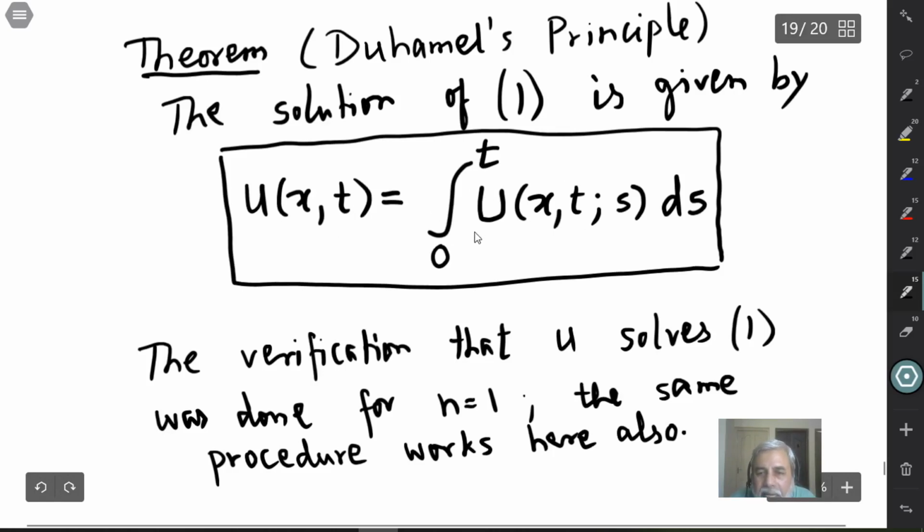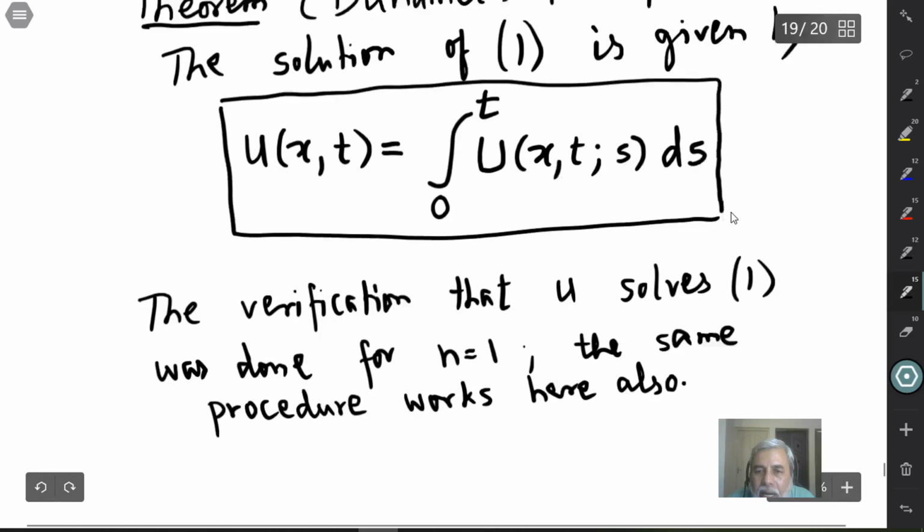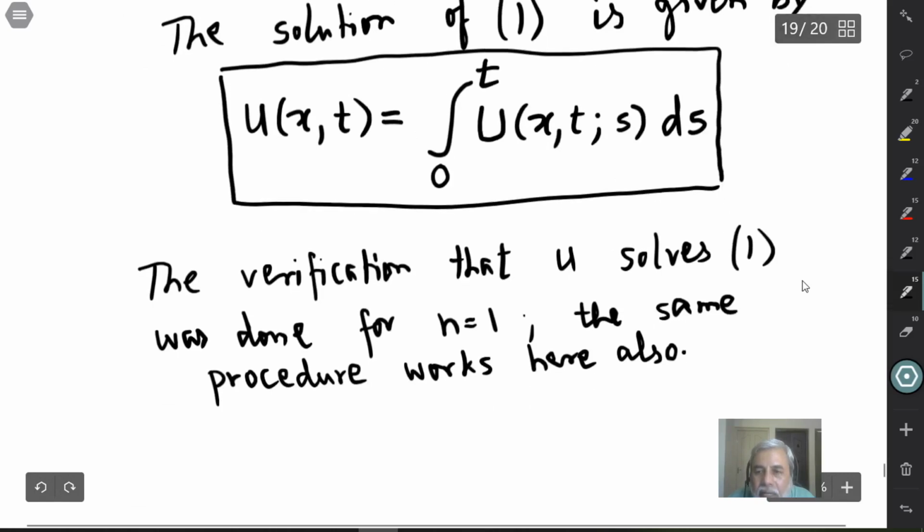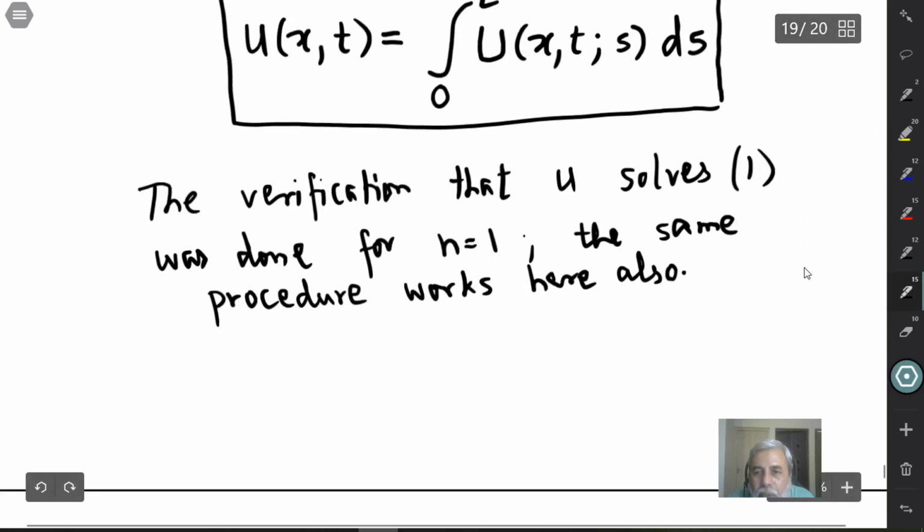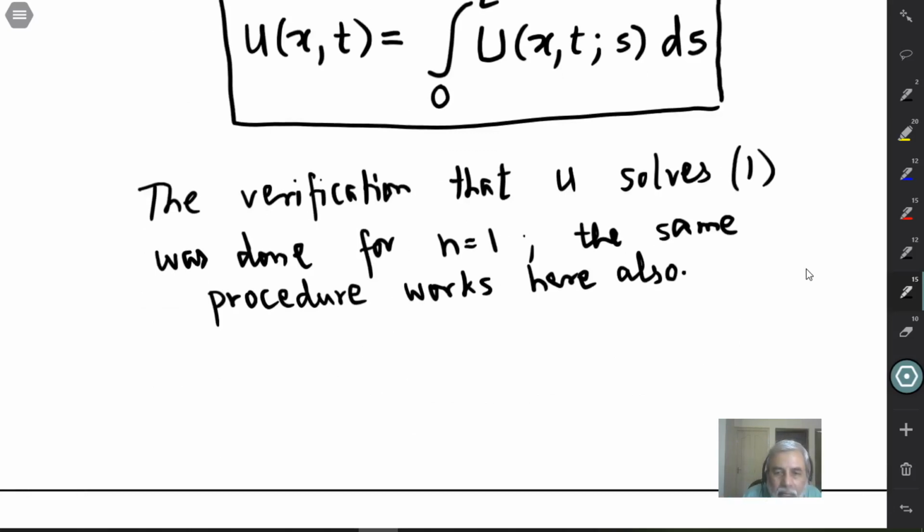So one has to differentiate with care, but with respect to x there is no problem because there is no x in the integral limits, so we can simply take the differentiation with respect to x inside the integral sign. Let me just do that a little bit.